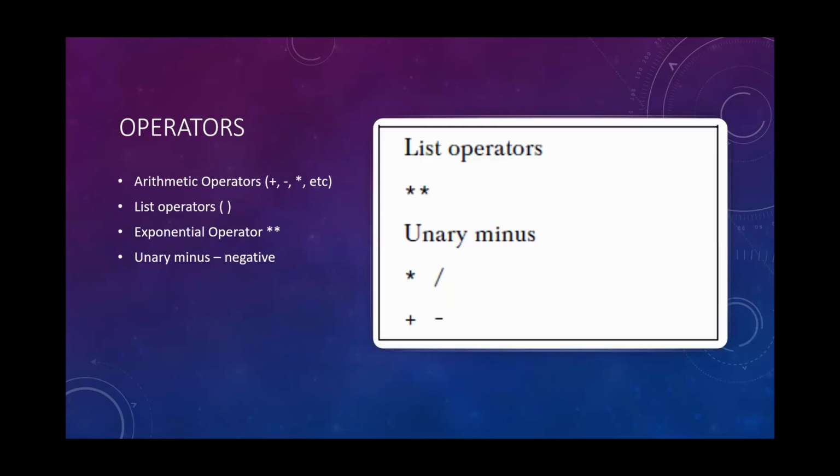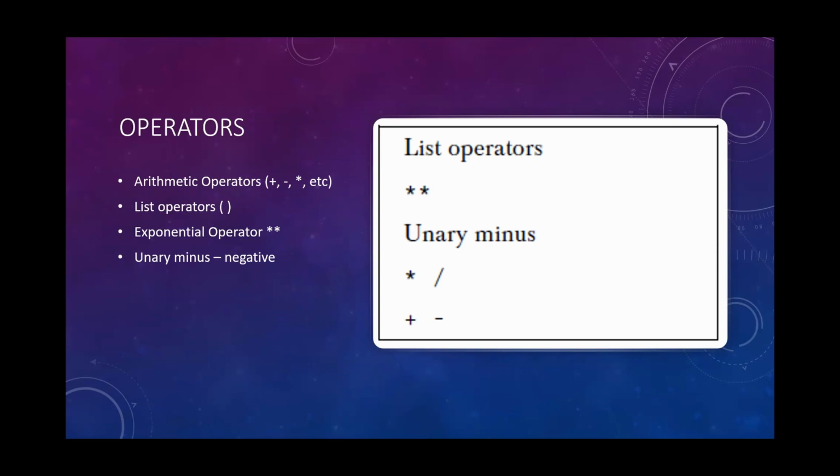Perl uses operators just like any other language to do arithmetic, to do listing, to do exponential, things like that. So let's first look. Order of operations is it typically will do an arithmetic operator towards the middle here. Your list operators are anything you put within the parentheses. For exponential, you use a double star. So if you want to say x squared, you say x star star 2.